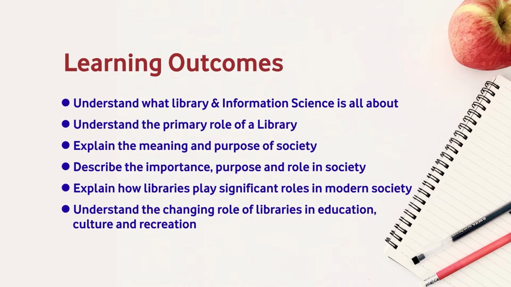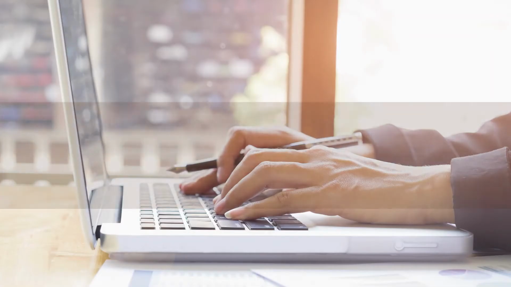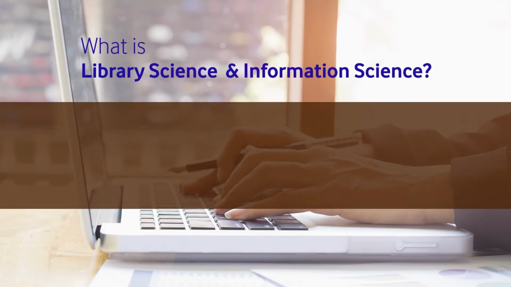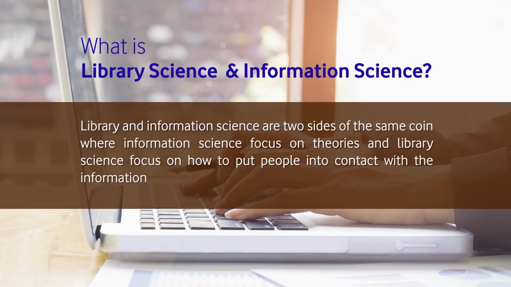and recreation. But before we go into further discussion, let us try to understand what library and information science is all about. It's a discipline, and I think it is important to know what library and information science stands for.